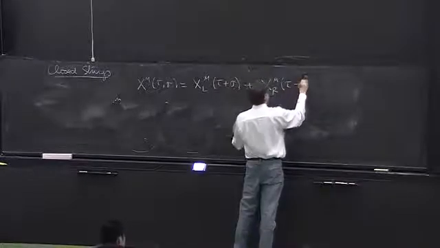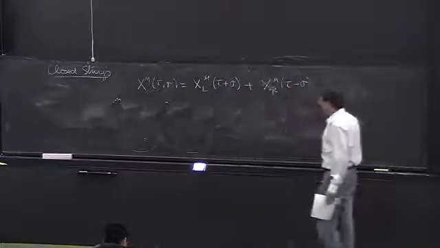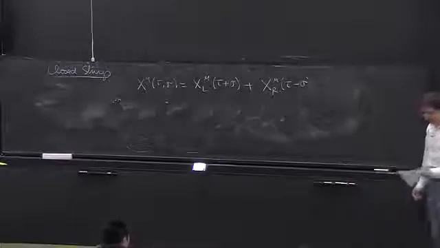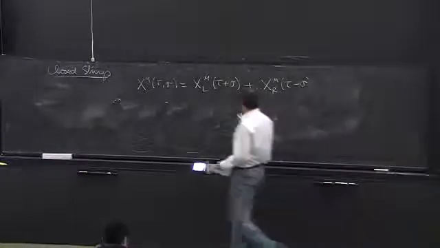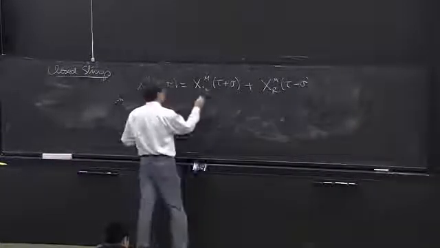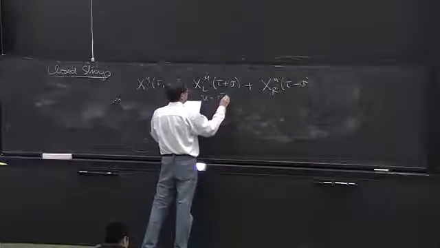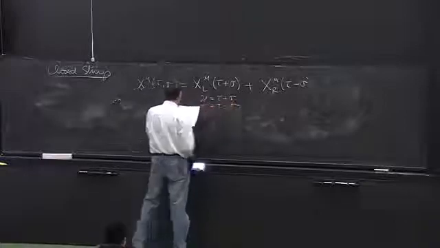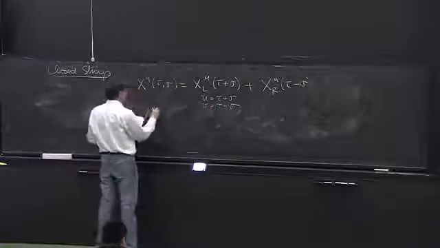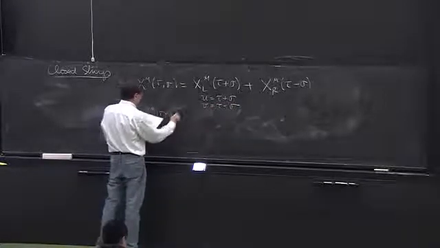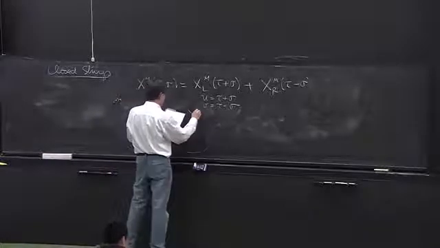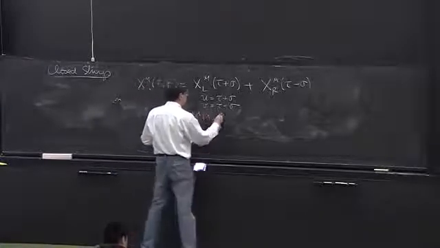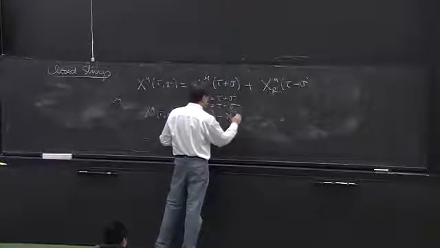And there's nothing else that solves the wave equation. That has to be there. And we'll call, for simplicity, u equal tau plus sigma and v equal tau minus sigma, so that x mu of tau and sigma is equal to xl mu of u plus x right mu of v.